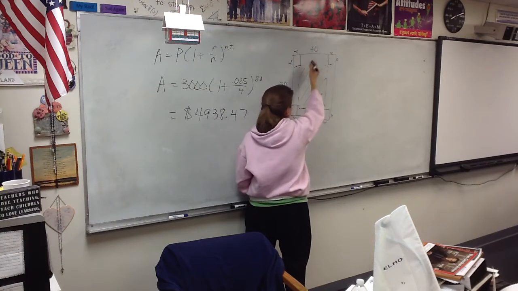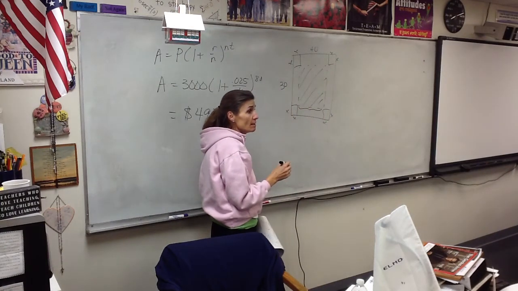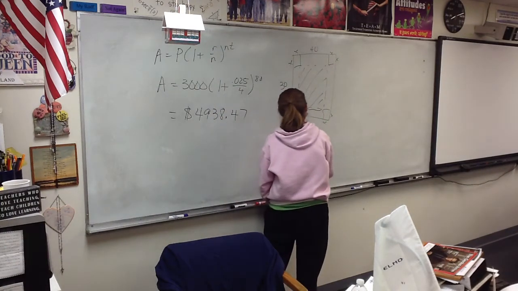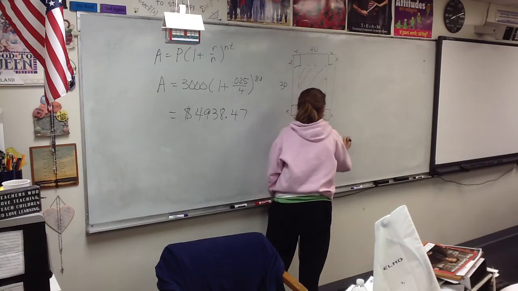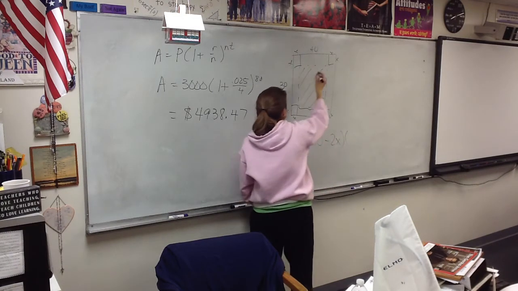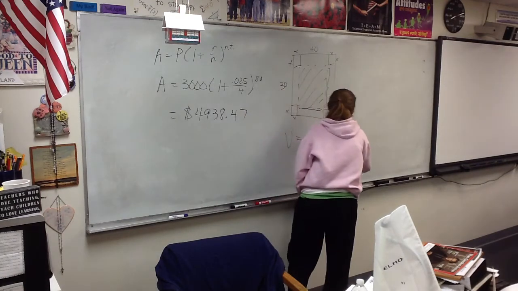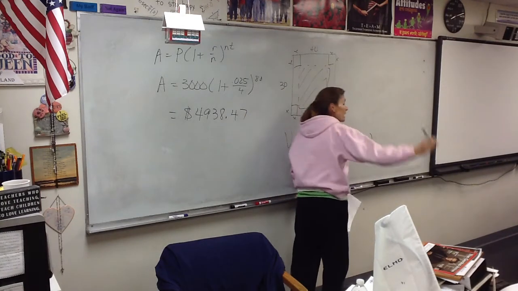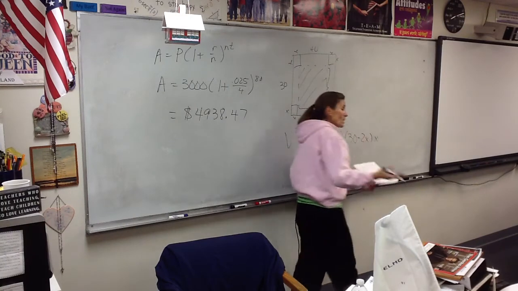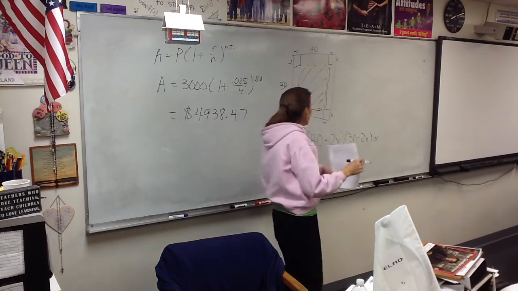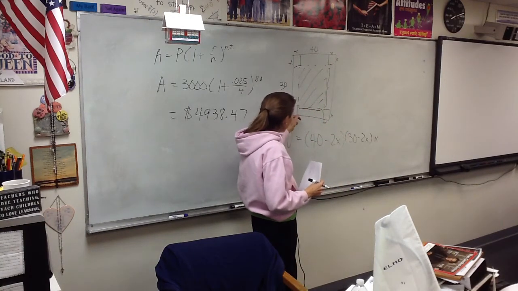How wide is that? It isn't 40 anymore. 40 minus 2x. So volume is 40 minus 2x times, now how wide is this piece? 30 minus 2x. Times x, because when you fold up the flaps of the box, this becomes the height, doesn't it?